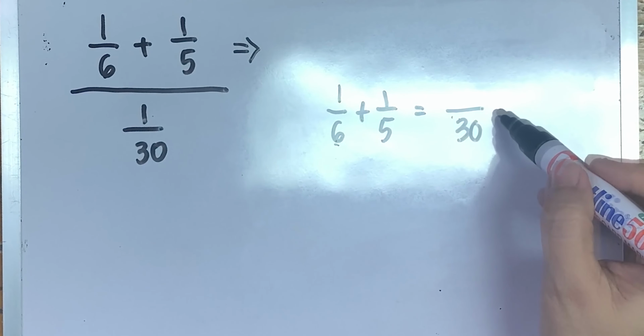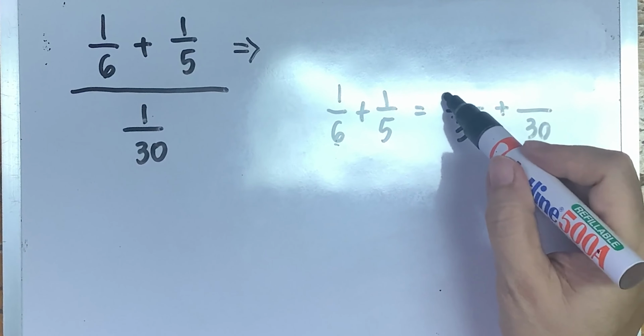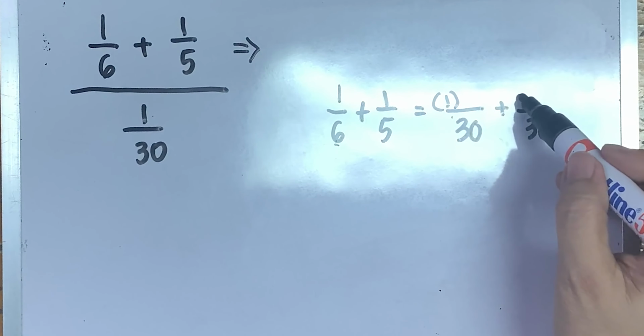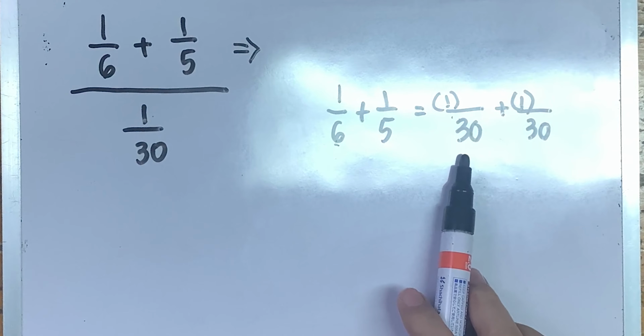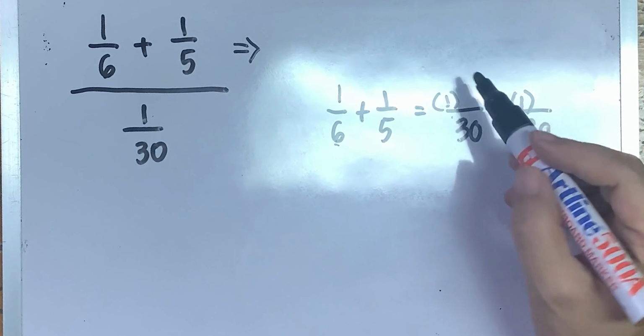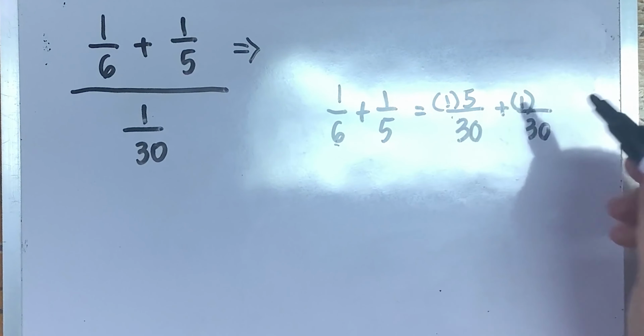So 30 ang LCD. Plus, okay, 30. And then isulat natin yung numerator sa bawat term. And i-divide natin yung denominator sa denominator. So 30 divided by 6 is 5. Sulat natin dito. And 30 divided by 5 is 6.